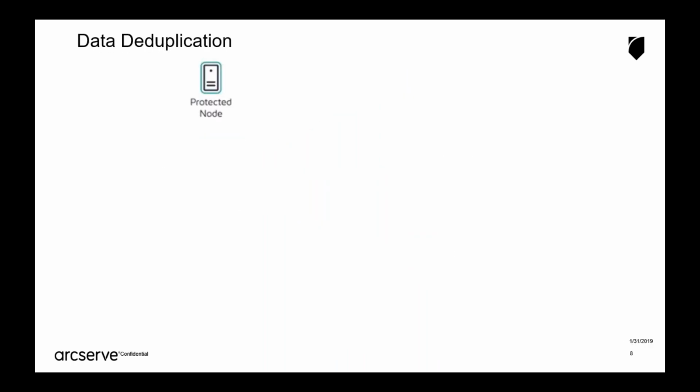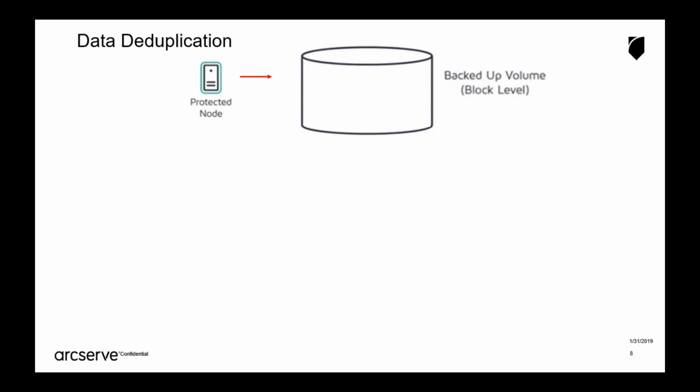Now let's see how deduplication works. You're protecting a node and UDP is doing a block level backup. Now what deduplication does is gather all these blocks into one dedupe block.